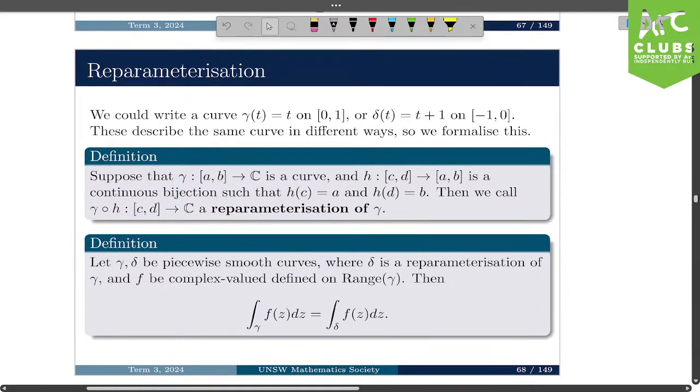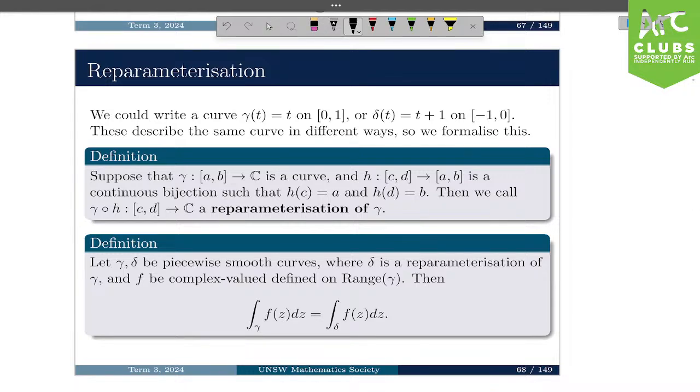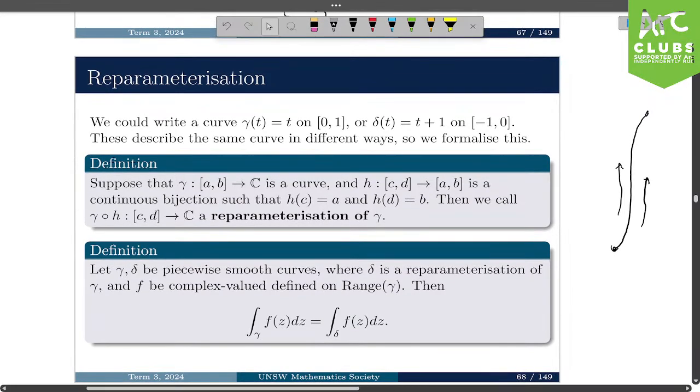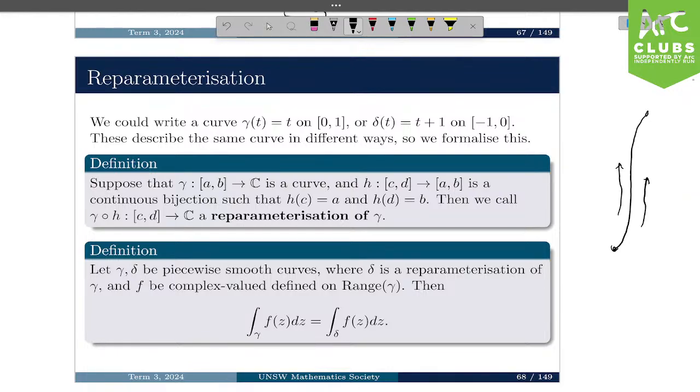Okay, a concept we can introduce is reparameterization. This kind of formalizes the idea that if you have a given curve, it doesn't matter which parameterization of the curve you choose, because if you integrate along it, then the value will be the same. So here, how we define a reparameterization is using a continuous bijection from one interval to another.